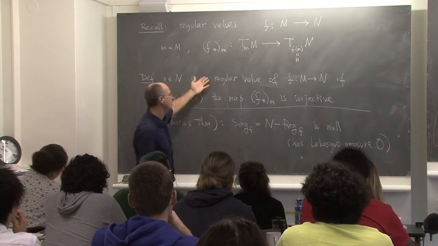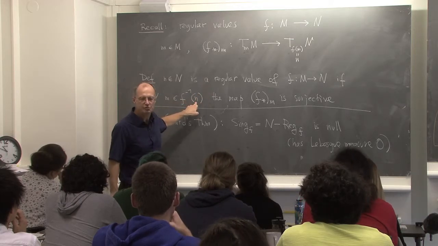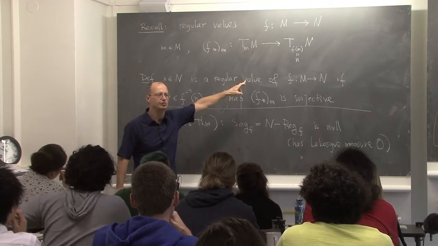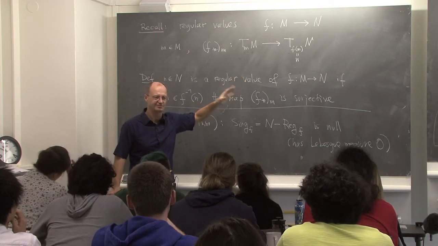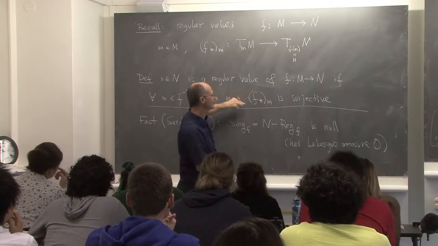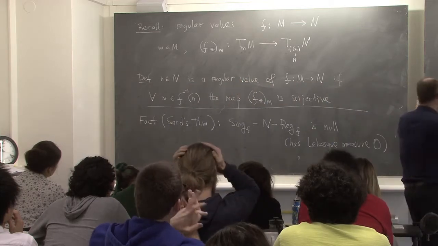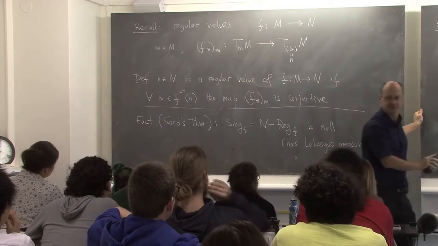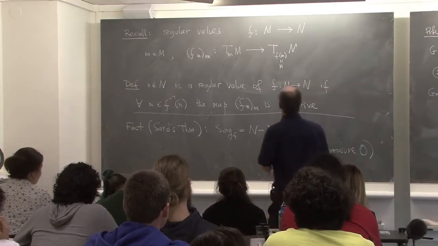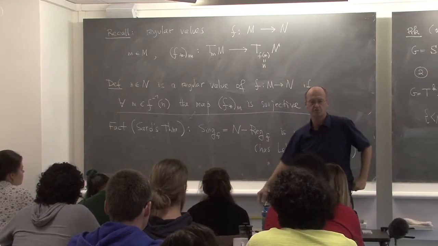And here, of course, it's a little bit of cheating. If this set is empty, then there is nothing to check, and we consider the value a regular value, right? So that one should have in mind. But we don't pose any conditions on F. F is just any, sufficiently differentiable, let's say smooth.